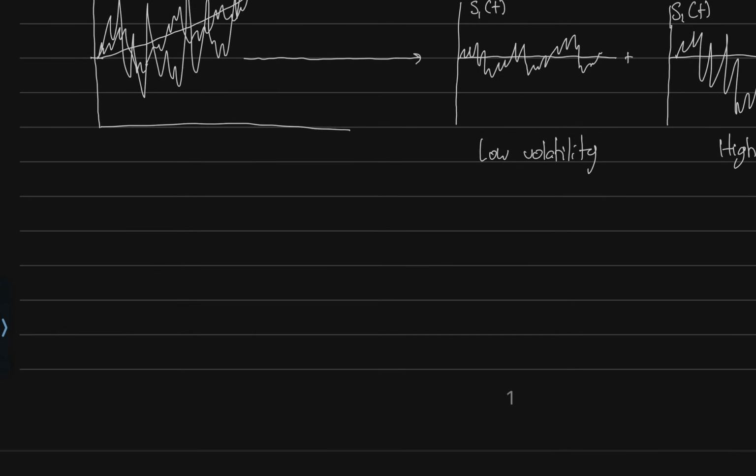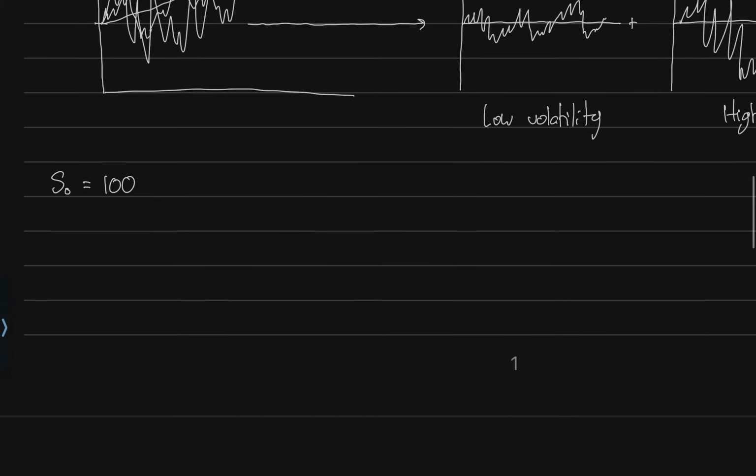So if I were to do a real-world example, let's say I have a stock price S0 trading at $100, and let's say I have a low volatility constant, and I'm going to denote volatility as such, of 0.01. Well, in my next day, my stock price can either go to 101 or it can go to 99, right?